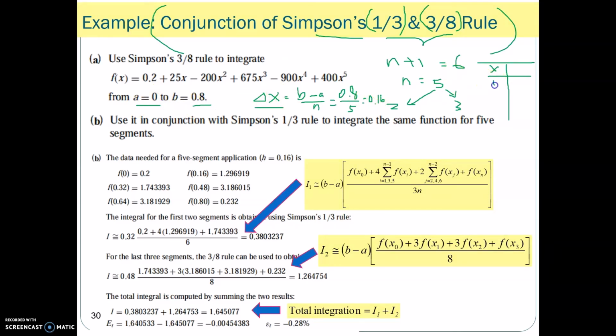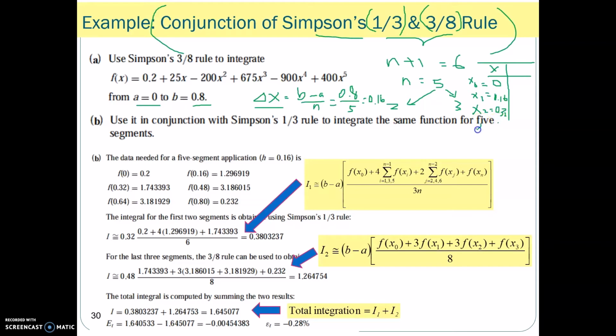So the first point here is 0. So this is x0. For the second point, x1 is equal to 0 plus the step size, so you obtain 0.16, and your x2 is equal to 0.16 plus the step size, you obtain 0.32.